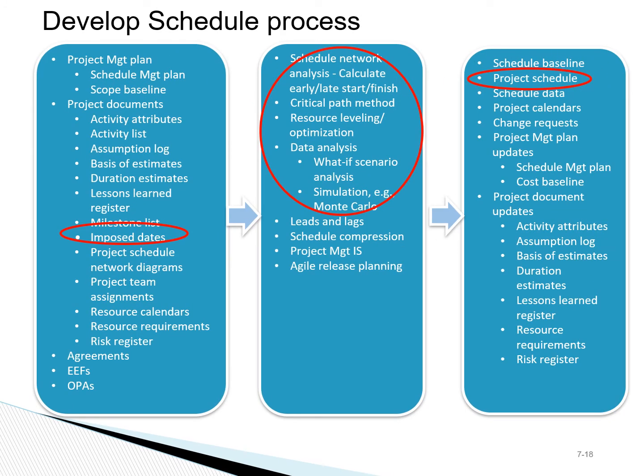So this is the process map for developing the schedule, and I think we have talked about all of these elements in one way or the other. One thing that we have not talked about perhaps as much is Monte Carlo simulation, which is based on some probability of the resources needed for an activity.